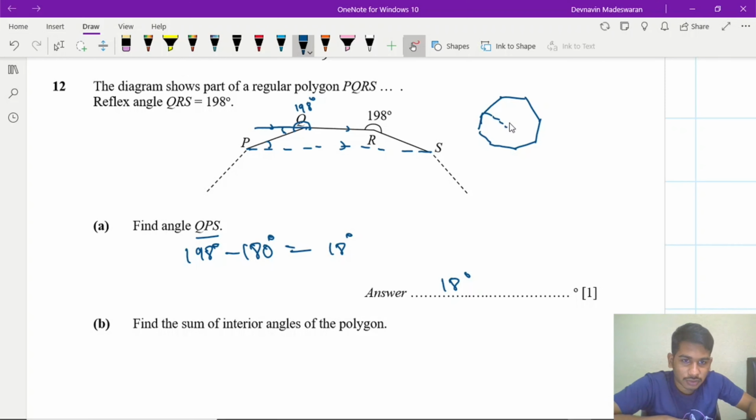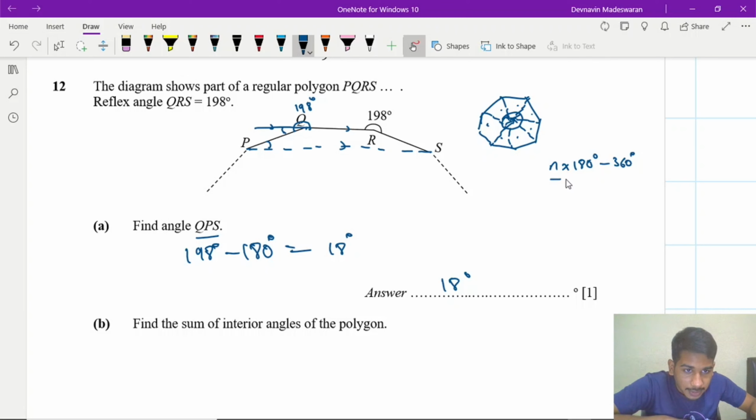The idea is that we draw triangles to the center. Okay, bad triangles, but okay. Then the sum of all the angles in the triangles is going to be the number of sides times 180 degrees, and then we take away 360 degrees. So that's the sum of interior angles.